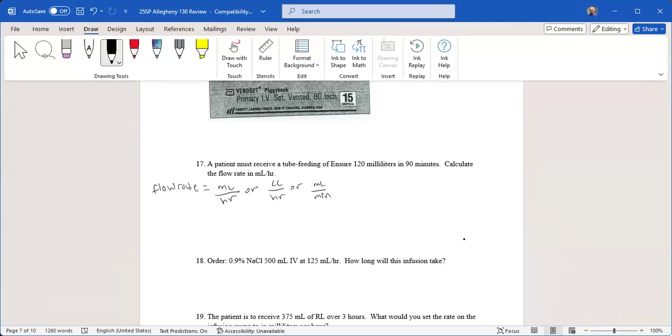Just real quick, I see that someone mentioned that this is going into their first semester. I'm assuming you're starting in the second semester, as part of the LPN to RN transition. So make sure you review these math problems as we go through.